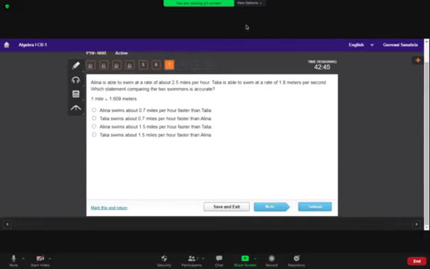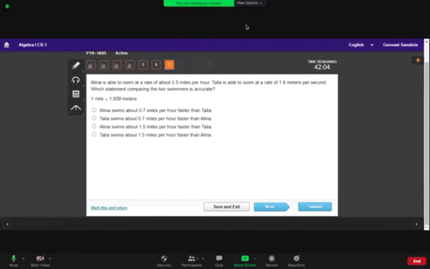Per second is 4.02. Alina swims about... Oh, it's the last one.